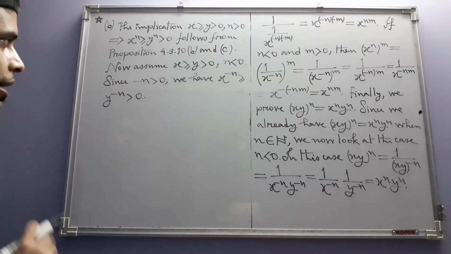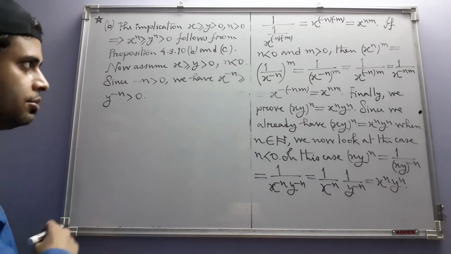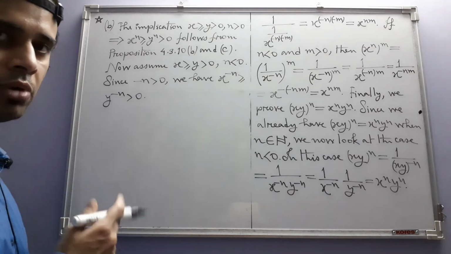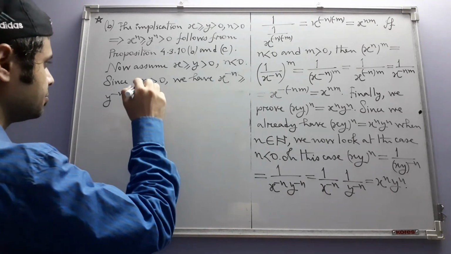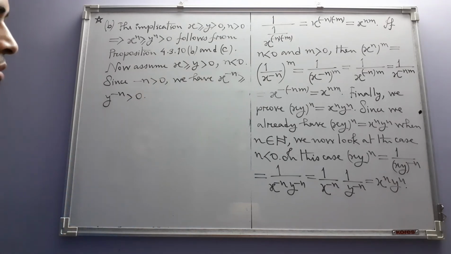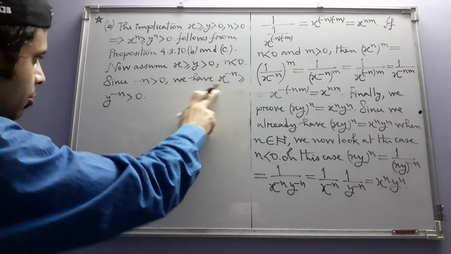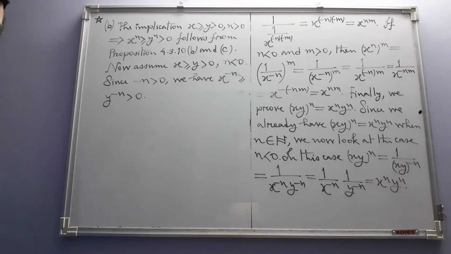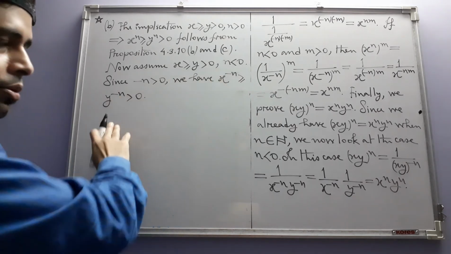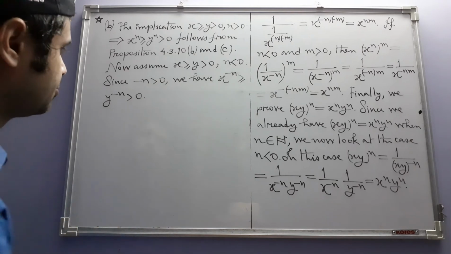Now all you have to do is divide throughout by x to the power minus n, y to the power minus n, and we can do that because they are both positive, so the inequality also will not get reversed. Not only are they not 0, but they are in fact positive.